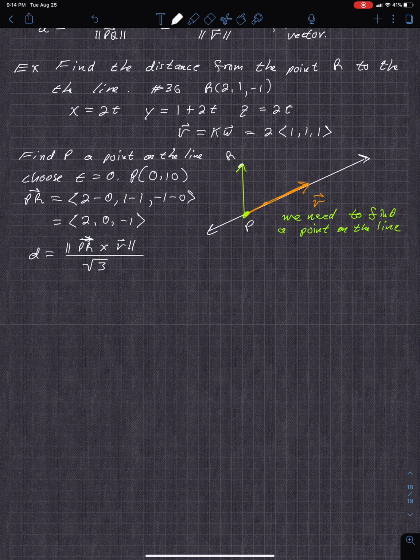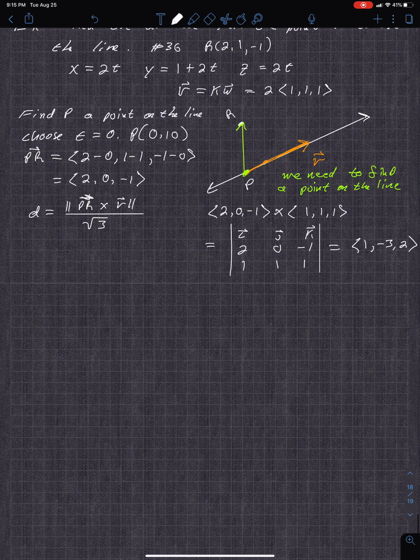So I got to do the cross product of 2, 0, negative 1 cross 1, 1, 1. That's going to equal I, J, K, 2, 0, negative 1, 1, 1, 1, and I do that cross product. You can do it on your calculators, straight up, real easy, or do the calculation by hand for practice. Okay, so you get 1, negative 3, 2.